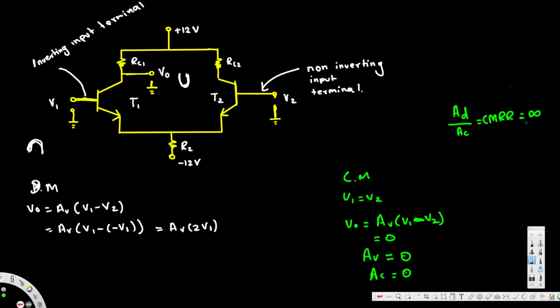So CMRR is infinity for an ideal differential amplifier. Those are the basic concepts of differential amplifiers.